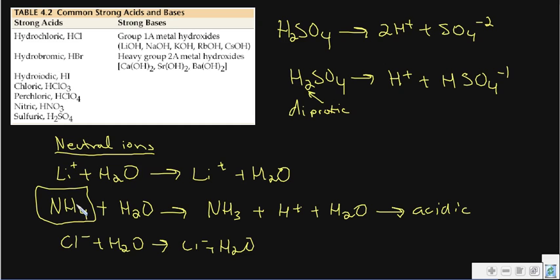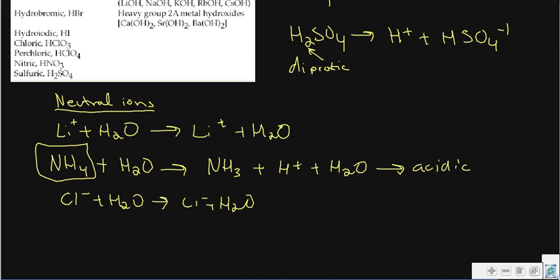So the cations that are not a part of the strong bases will cause solutions to become acidic. And the anions that are not a part of the strong acids will cause solutions to become basic.